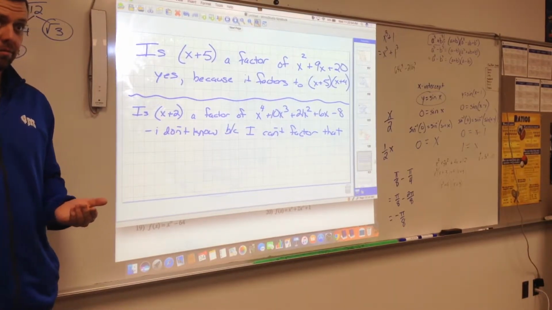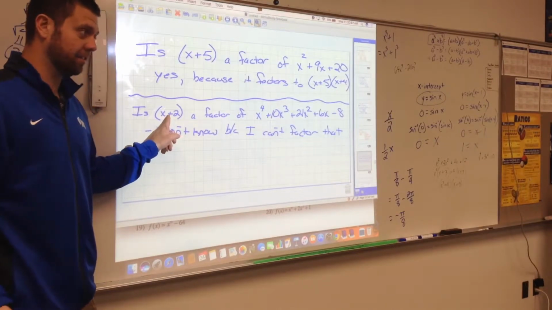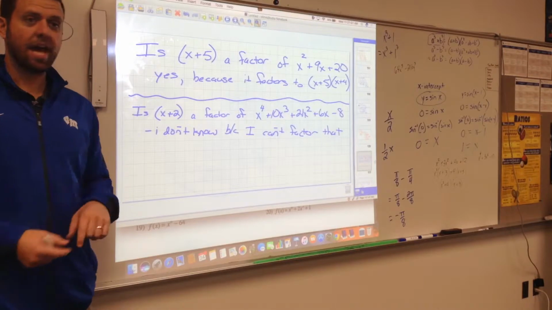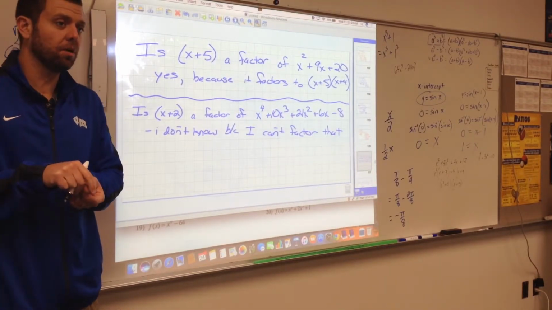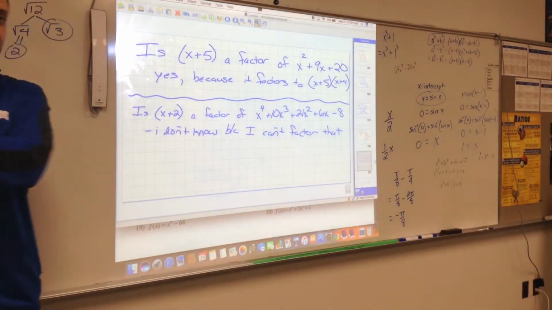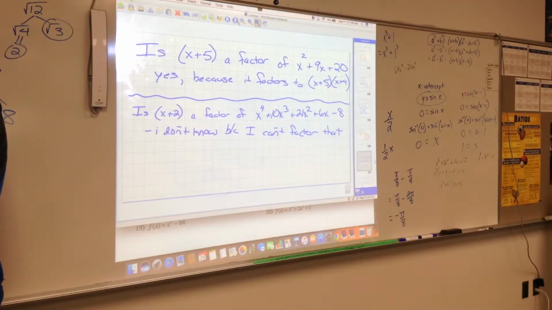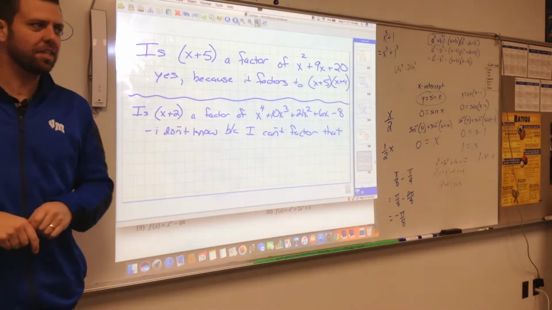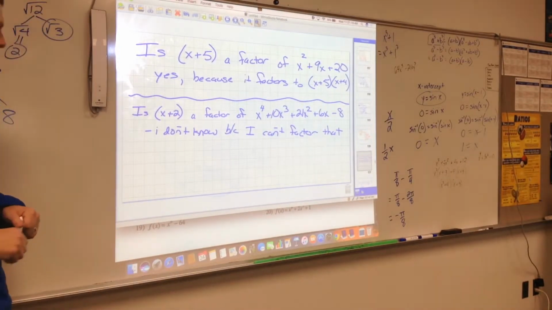Negative -2. So if this is a factor, then -2 would have to be a 0. And if -2 is a 0, when I plug in -2 for x, I better get a 0 for y. So that is how you could check to see if that is a factor or not.